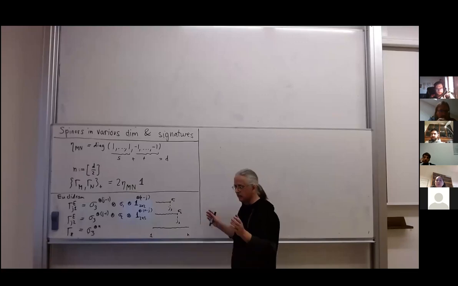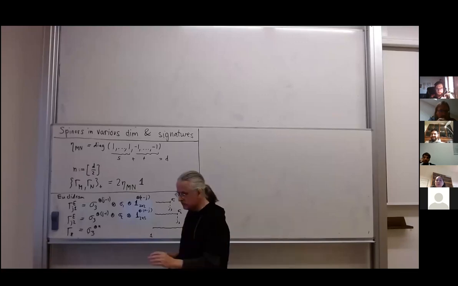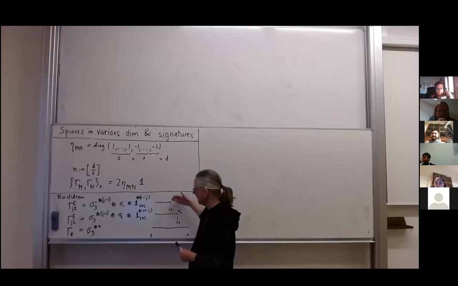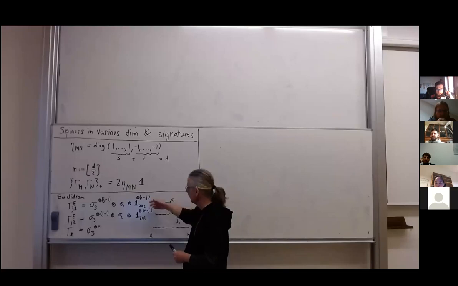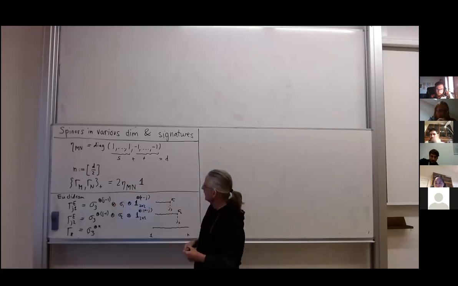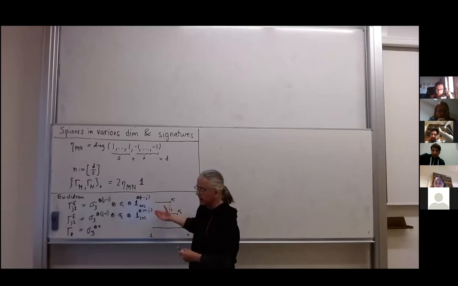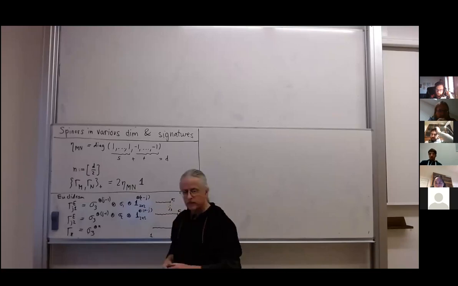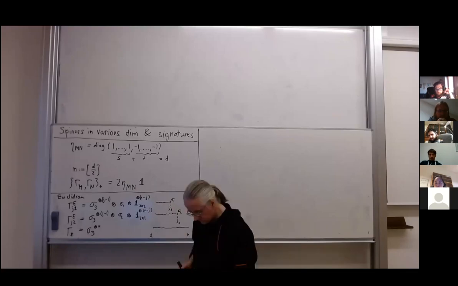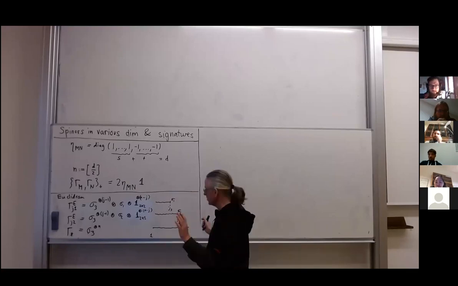This is really important, that you understand that we realize the d-dimensional Clifford algebra in this way. Are there questions about this? And of course, in the Euclidean signature, everything squares to plus 1.